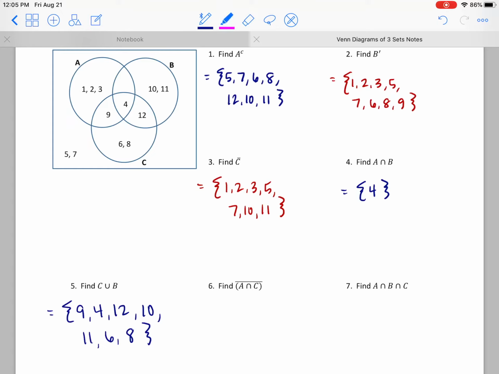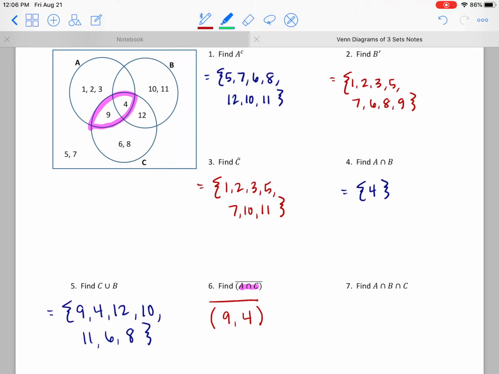So the intersection for A with C. A and C are intersecting here. That is what those two sets have in common. So in the intersection for A with C, we have 9 and 4. Now it says we don't want that, we want the complement of that. So the complement of that would be everything else.